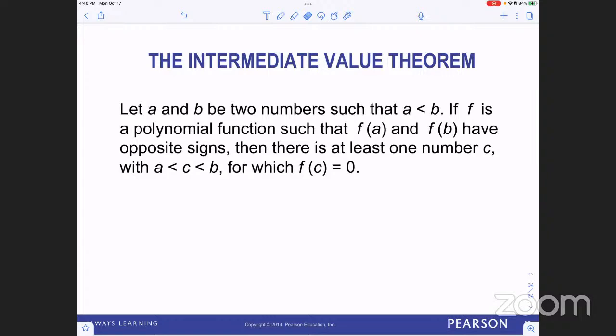So let a and b be 2 numbers such that a is strictly less than b. If f is a polynomial function such that f of a and f of b have opposite signs, then there's at least one c between a and b for which f of c equals 0, right?